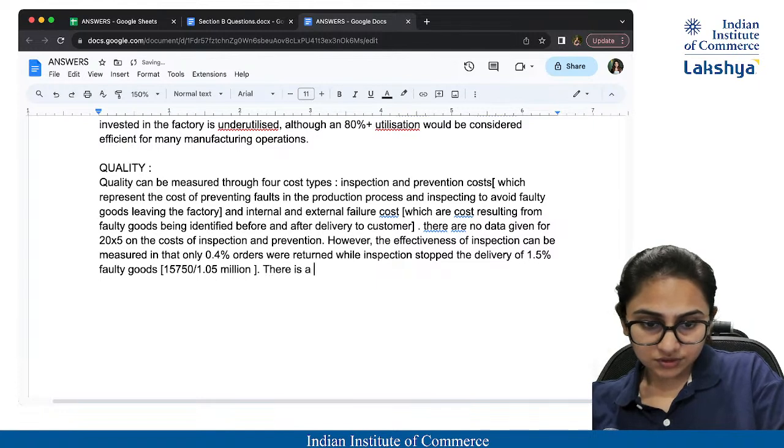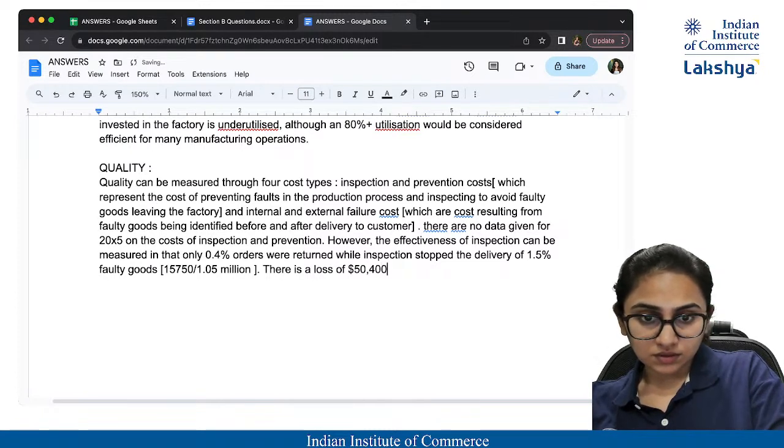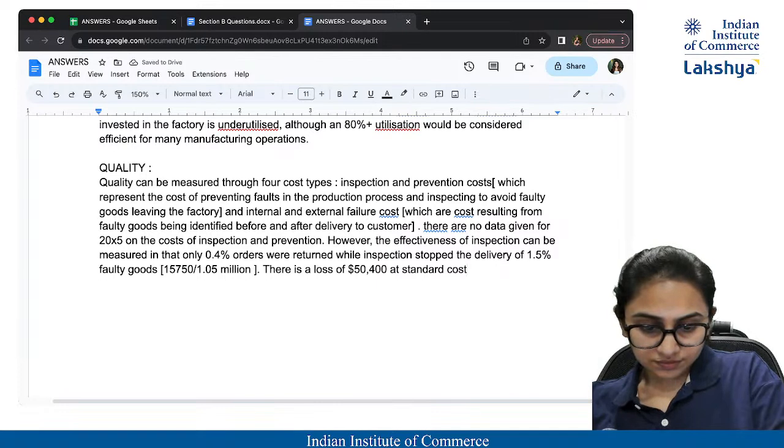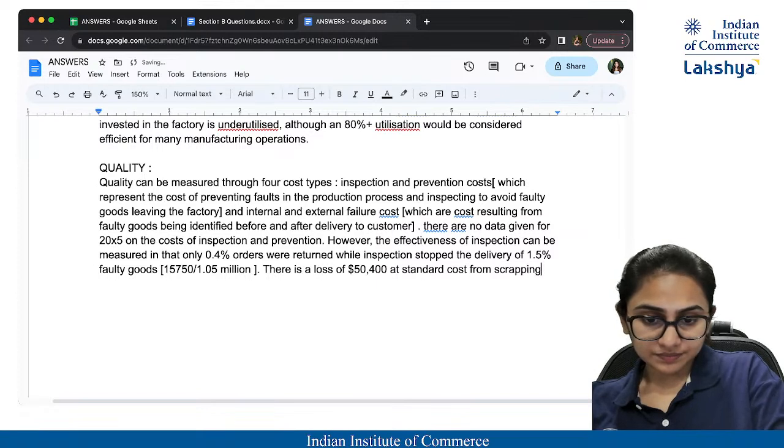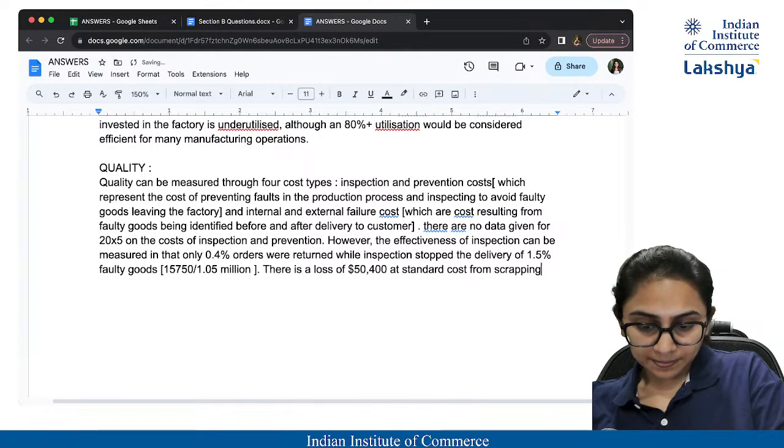There is a loss of $50,400 at standard cost from scrapping of faulty keyboards.